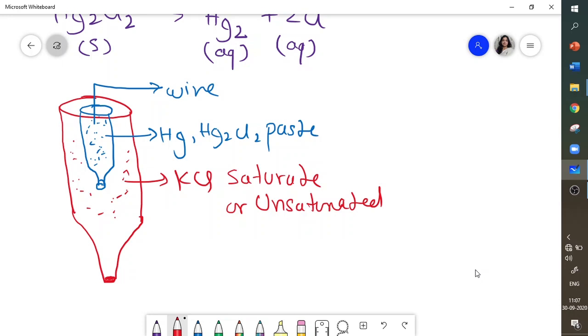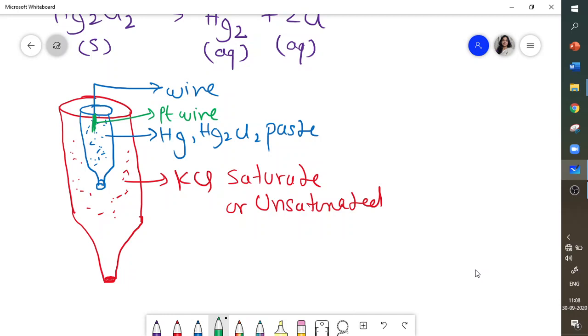Here we take a platinum wire. Platinum is taken because it is unreactive, so it doesn't participate in the reaction. The external wiring is of copper because platinum is too expensive, so we don't use it for the total wiring.